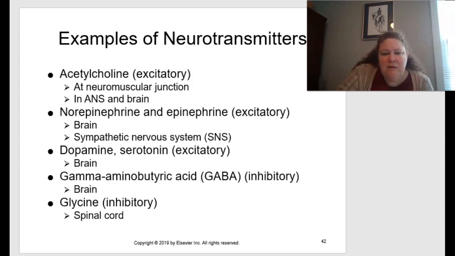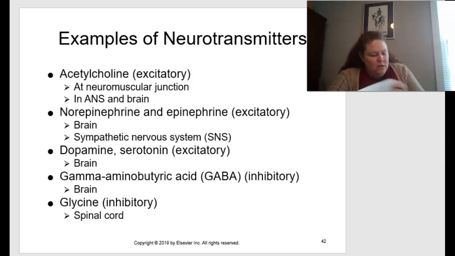We have dopamine and serotonin, which are excitatory and found in the brain. We have GABA, gamma aminobutyric acid, which is inhibitory and found in the brain. You also have glycine, which is inhibitory and found in the spinal cord.